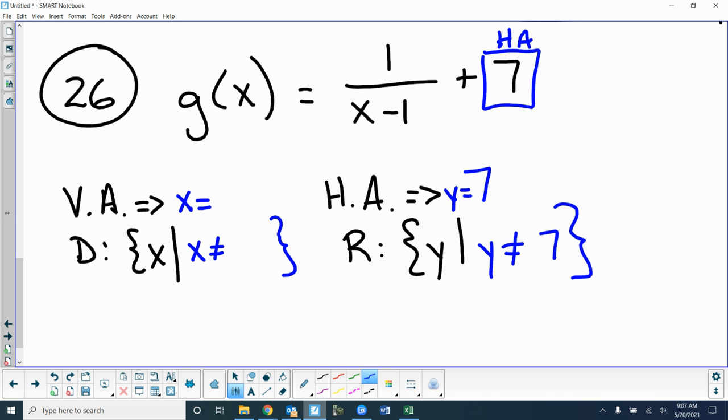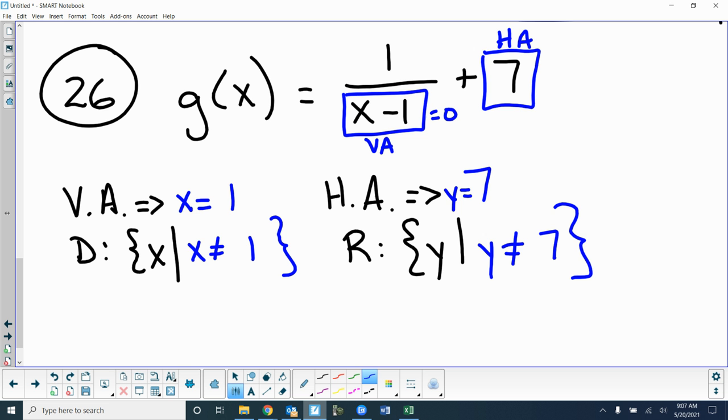It means domain is anything but that, range is anything but that. Okay? And all we do here for vertical asymptote is what makes that equal to 0. So what number do I put in for X to make that equal to 0? 1. Okay? So you don't have to do anything to this.